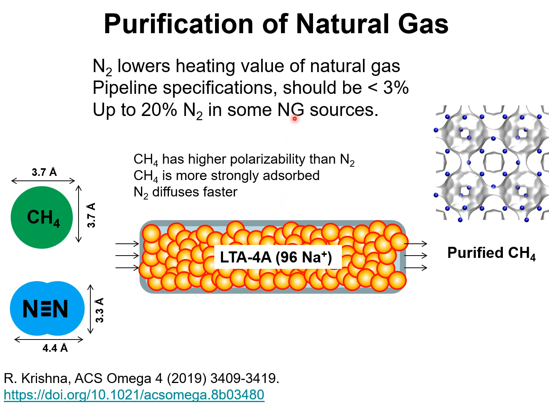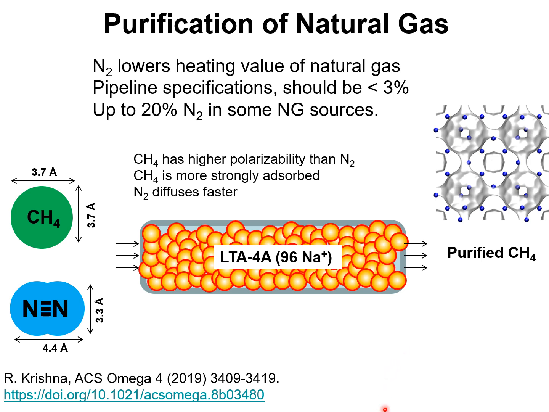In many natural gas reserves, we have about 10% nitrogen present. The presence of nitrogen lowers its heating value, and therefore pipeline specifications for natural gas specify a maximum of 3% nitrogen. Therefore, we need to selectively remove the nitrogen from natural gas.